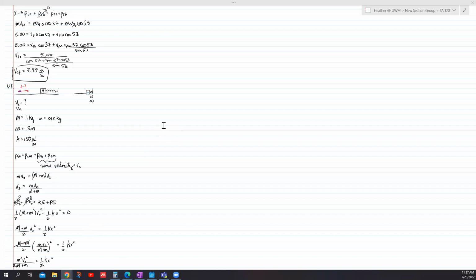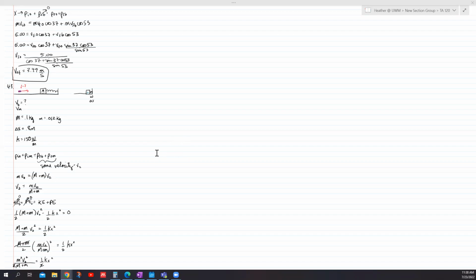Okay, so using conservation of momentum, because we've got a frictionless surface, we are going to say that our initial momentums equal our final momentums. But because the bullet becomes part of the wooden block, our momentums end up being combined.